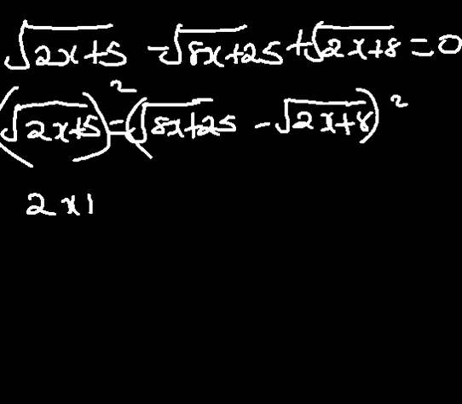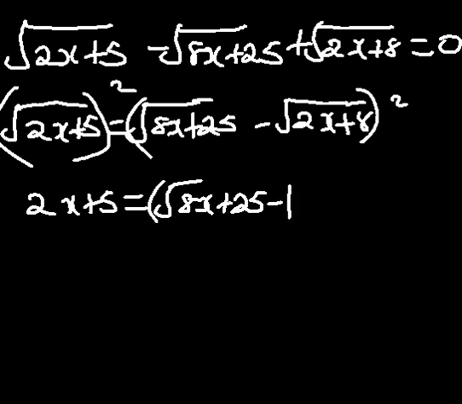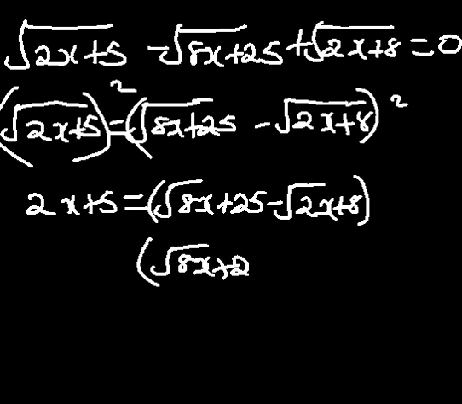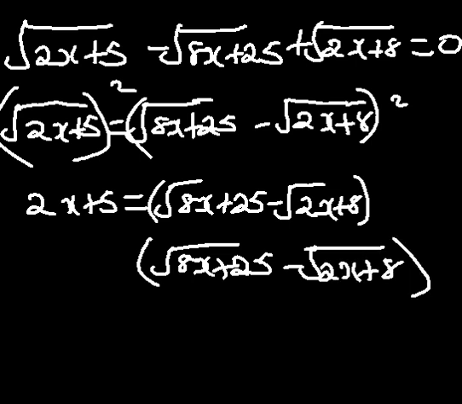That gives 2x plus 5 equal to the square of the square root of 8x plus 25 minus the square root of 2x plus 8, which is the square root of 8x plus 25 minus the square root of 2x plus 8, times the same again.